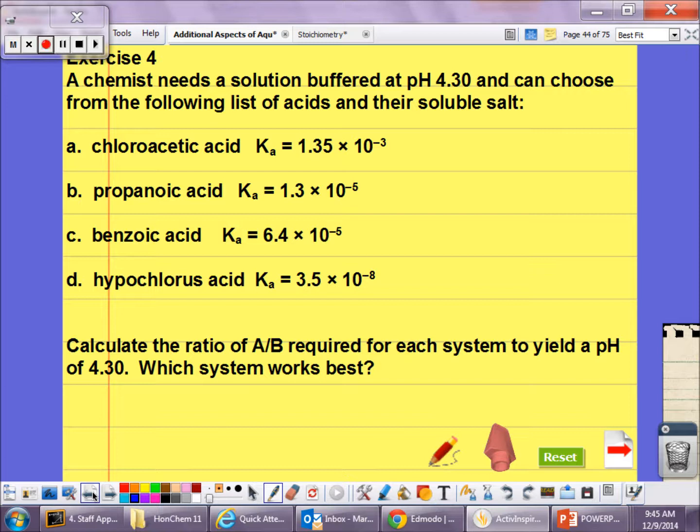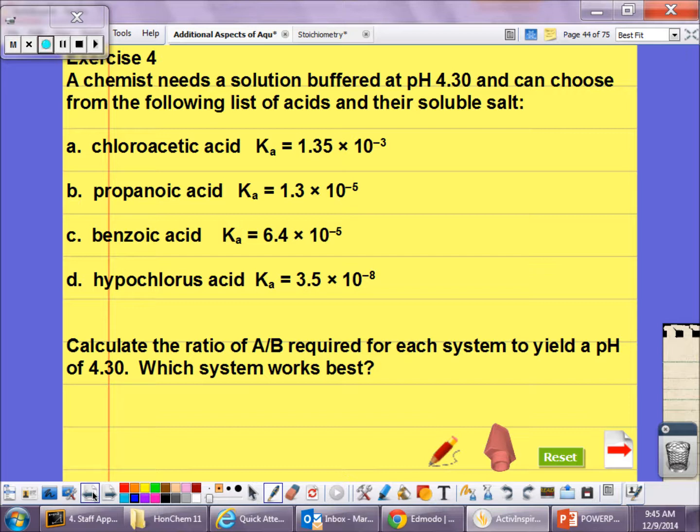We did that. You have the pH, they ask you for the ratio. But they ask you which system works best. All you have to do, I'm not going to do this, is find the ratio for each one of them. The ratio that is close to 1 is the best. I already told you when you have a ratio of 1, it is the best buffer.